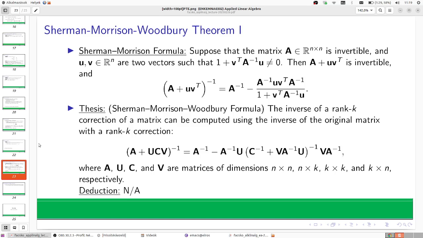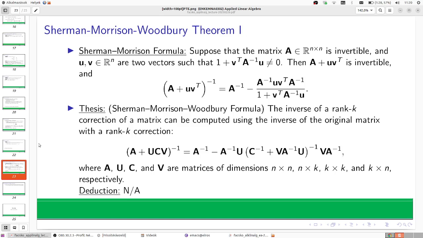Okay, let's start with this Sherman-Morrison formula. You have an invertible square matrix A, n times n, and you have two vectors, and these vectors have n components.